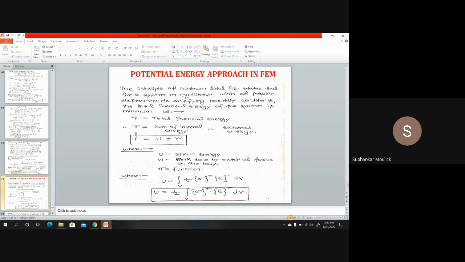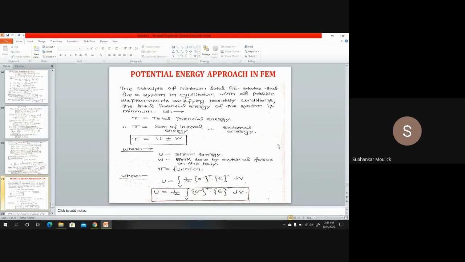You can call it potential energy, potential function, or simply potential. So this potential is the summation of internal energy plus external energy. Internal energy stored in the body is nothing but the strain energy, that is U, plus external energy.